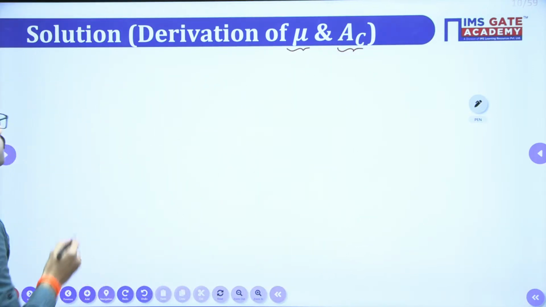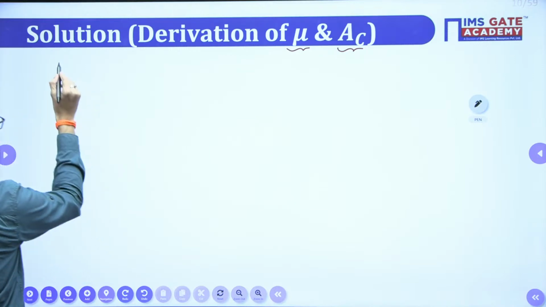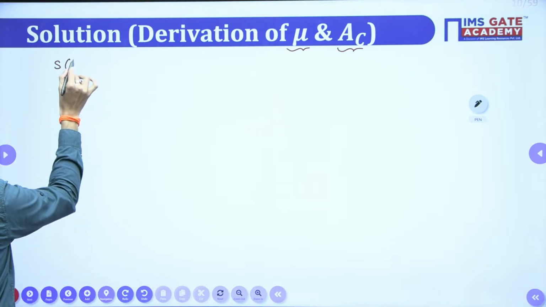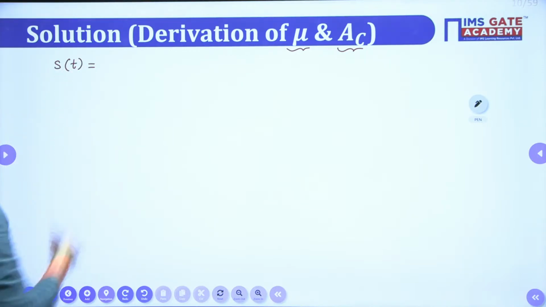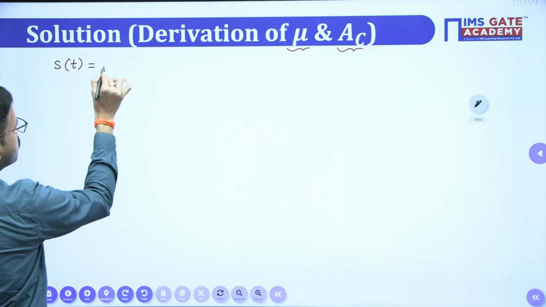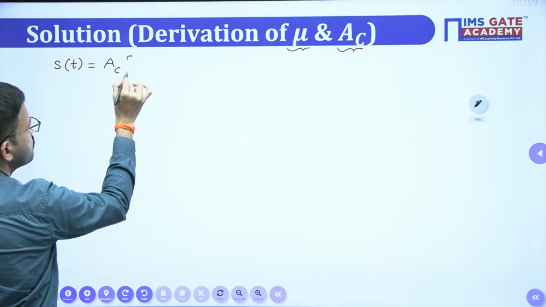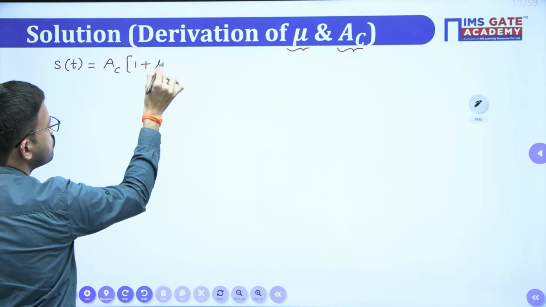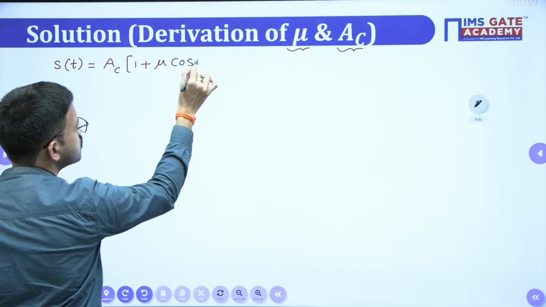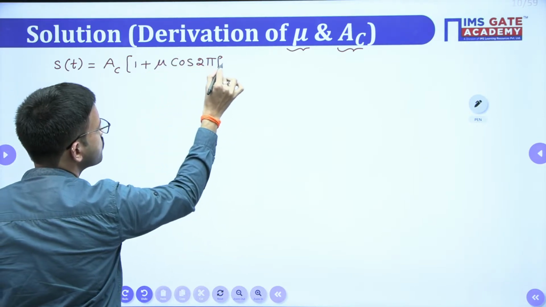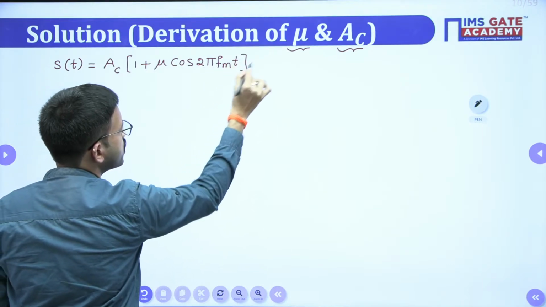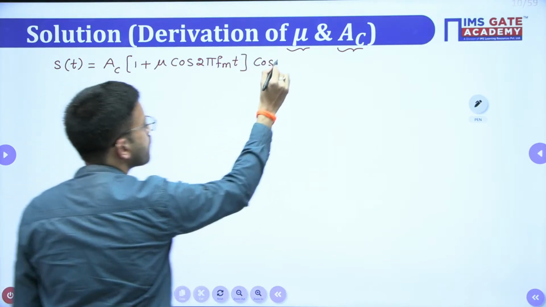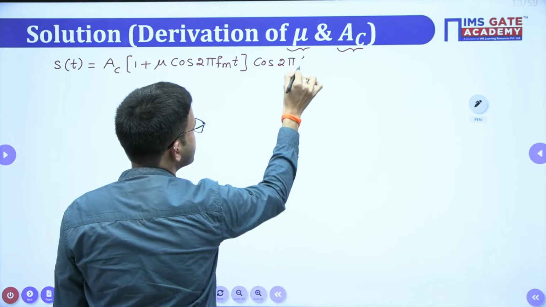I hope all of you know the standard equation regarding AM signal. S of t equal to Ac into 1 plus mu cos 2 pi fm t, into cos 2 pi fc t.